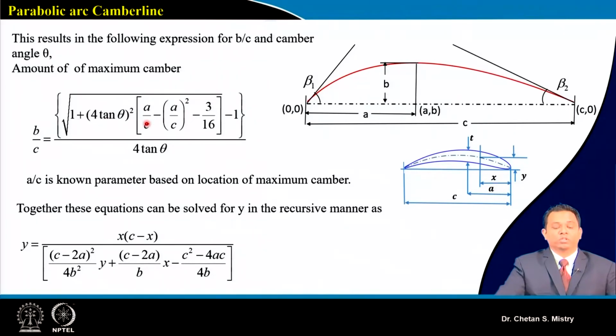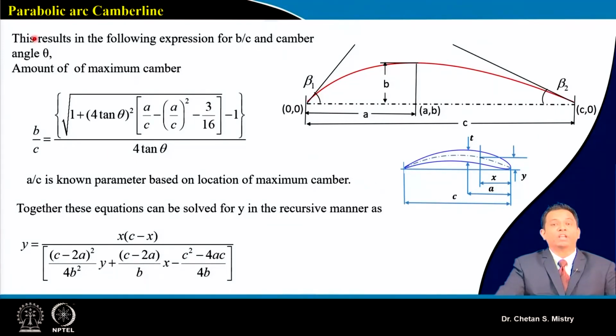Okay, so this is the formula. If you recall my A by C ratio, just remember A by C is nothing but the location of my maximum camber, which is what we are discussing here.